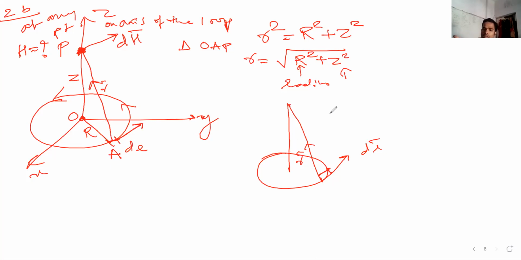So when I go from I dl cross r, if you see my fingers, I dl is in this direction, and I'm going towards r. So where is my thumb pointing? My thumb is pointing in this direction. So dH is in this direction.